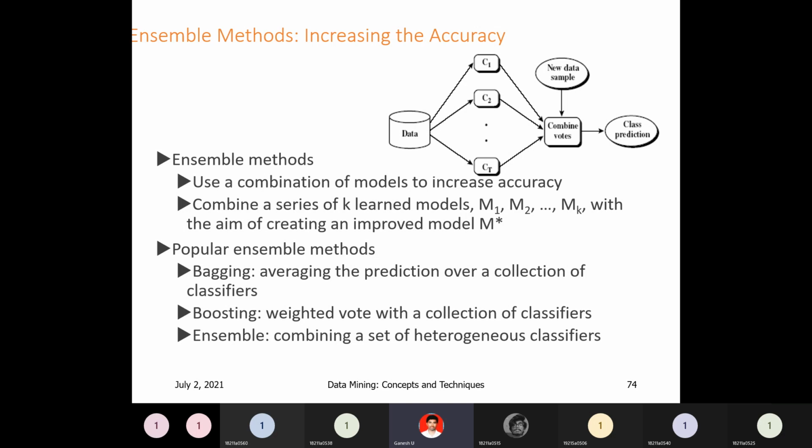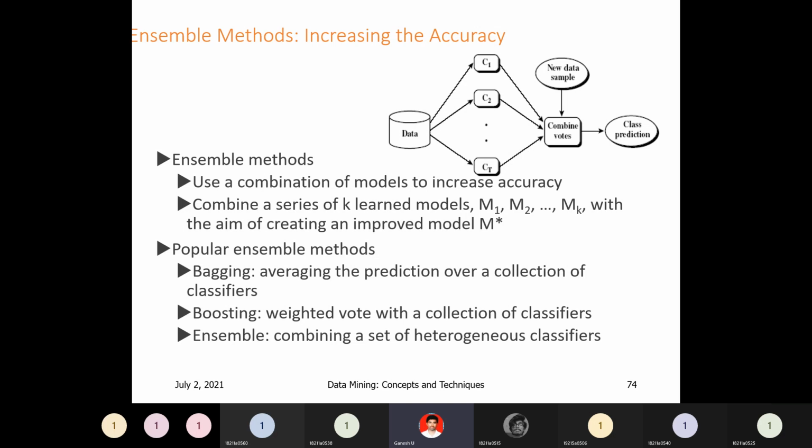Then we combine all the classifiers, and that can be applied to the test set or new data sample. Then we can predict the class for that test data set or new data sample. That is the main important thing in the ensemble method. That is the main principle in the ensemble method.